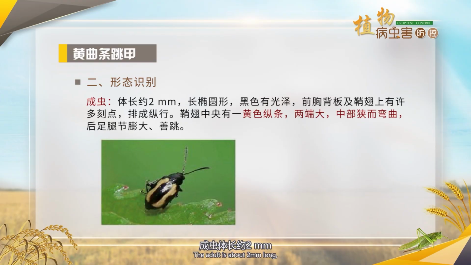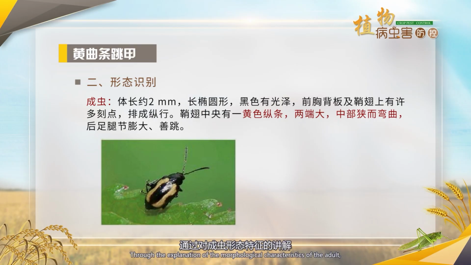The adult is about 2 millimeters long, oblong, black and glossy, with many indentations on the pronotum and elytra, which are arranged longitudinally. There is a yellow longitudinal strip in the middle of the elytra, with large ends, narrow and curved middle part, and enlarged and jumping hind legs.